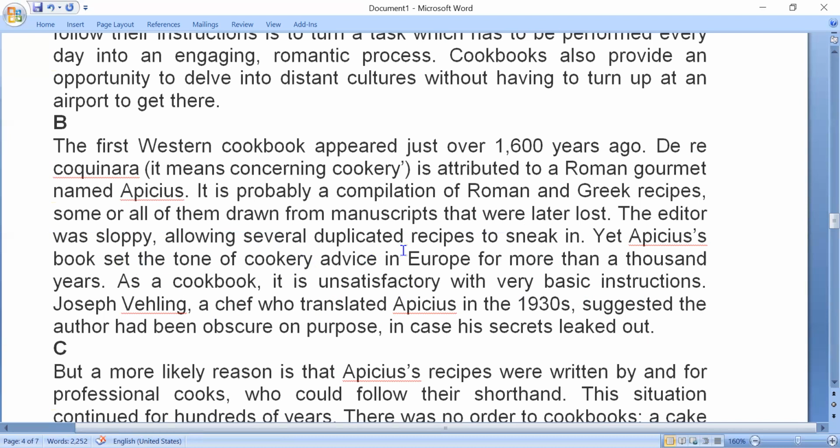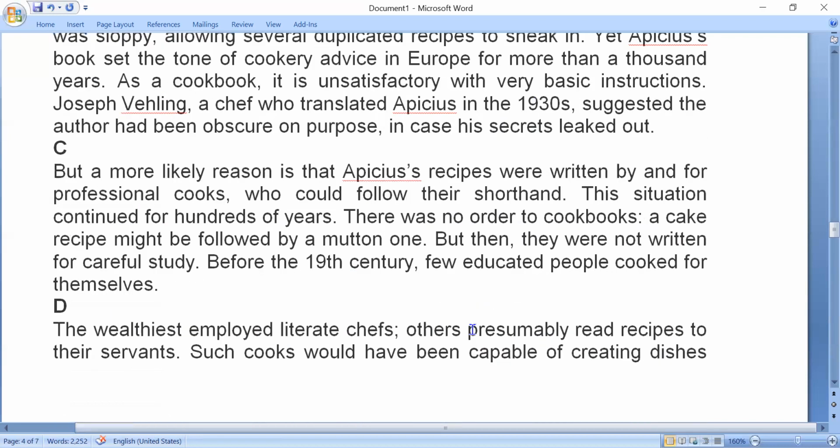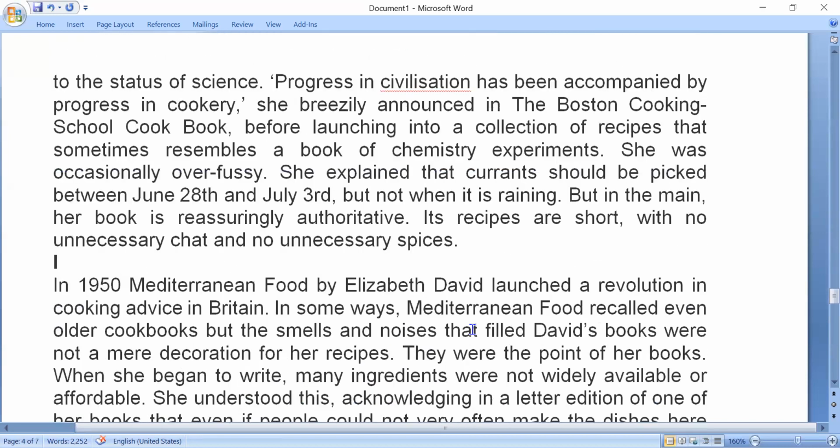Book sets the tone of cooking advice in Europe for more than a thousand years. Joseph Vehling, a chef who translated Apicius in the 1930s, suggested that the author has been obscure on purpose in case his secrets leak out.